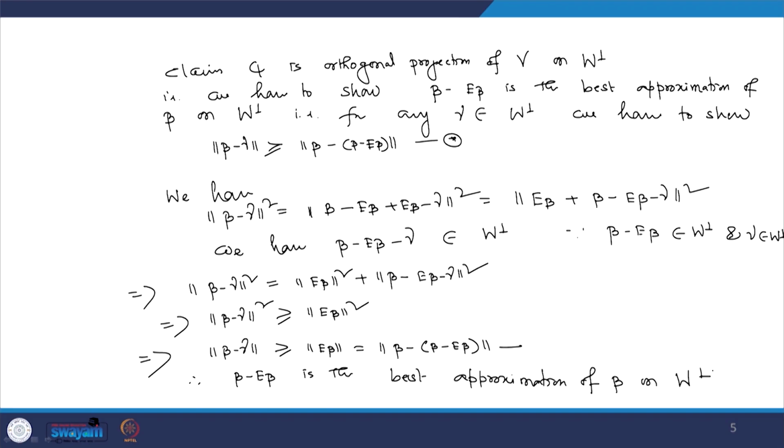So, we see that if V is an inner product space and W is a finite dimensional subspace, then one can have the orthogonal projection of V on W as well as the orthogonal projection of V on the orthogonal complement.